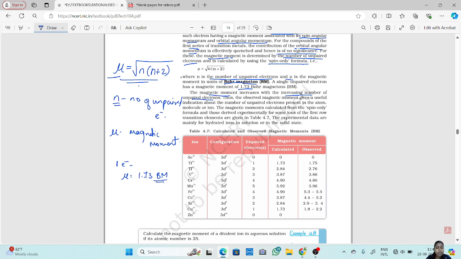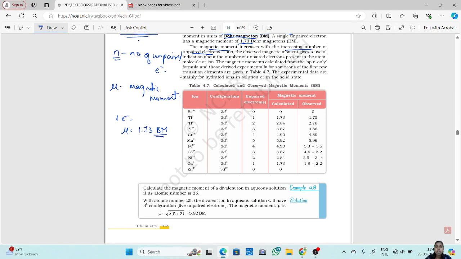The magnetic moments calculated by the spin only formula and those derived experimentally for some ions of the first row transition elements are given in this table. In this table they have calculated the magnetic moment according to the spin only formula, and these are the ones which are observed during experimental work. These are some of the first transition series elements.